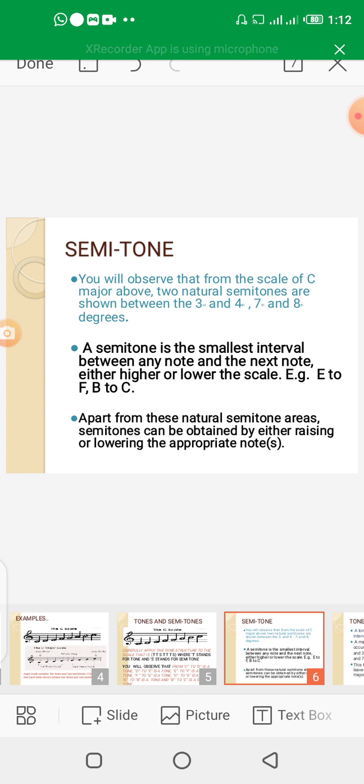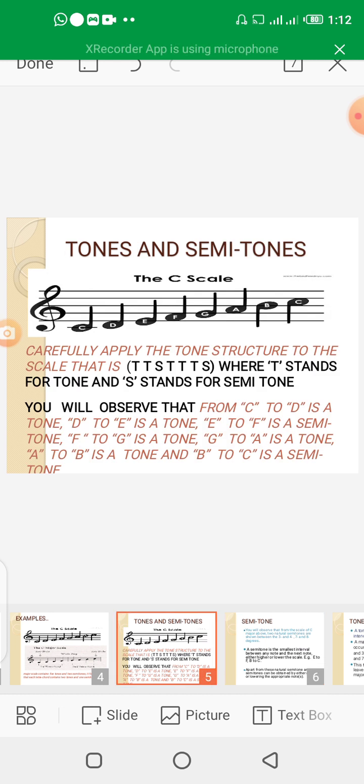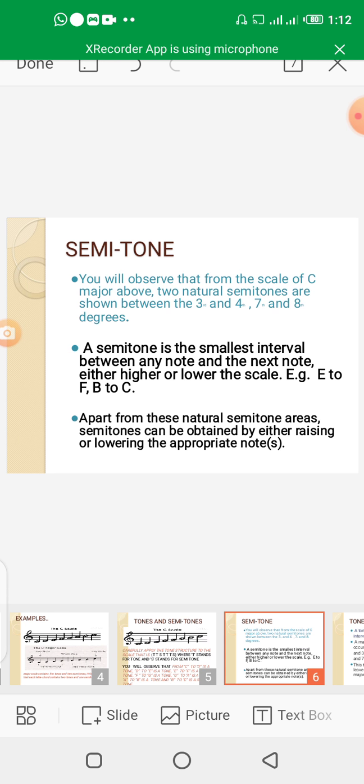That's from E to F. E is the third degree, so the third and the fourth, then the seventh and the eighth, from E to F and from B to C.